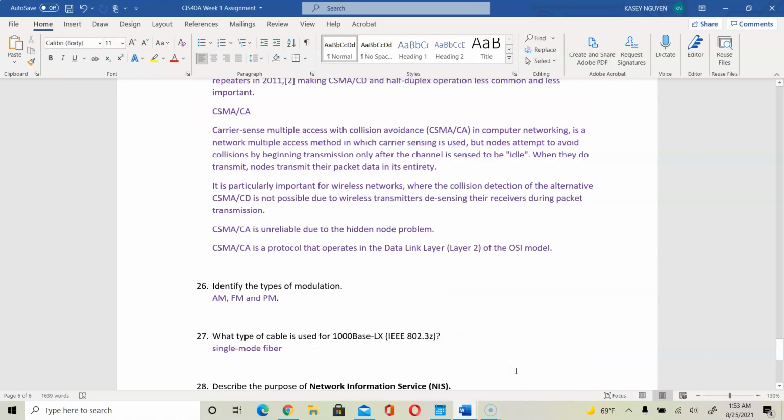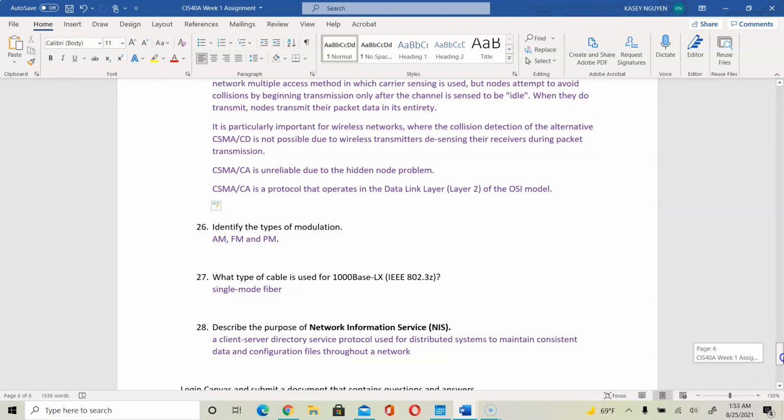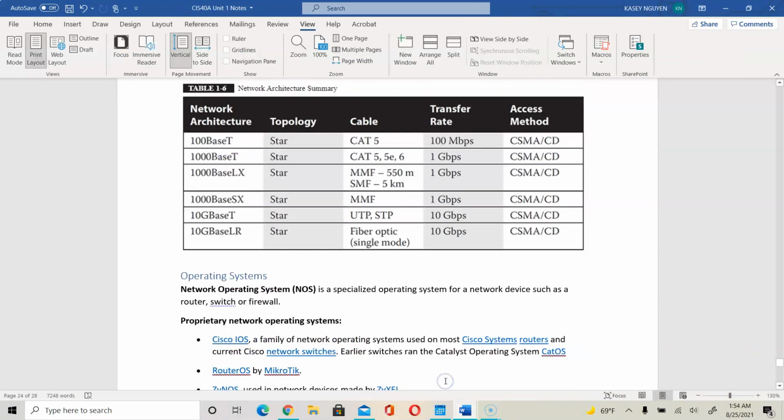So for the next question, it asks you to look at network information services. And as we get to the last part of the lecture here, it goes into network operating system, which is your NOS. So a network operating system could be your Windows Server operating system.